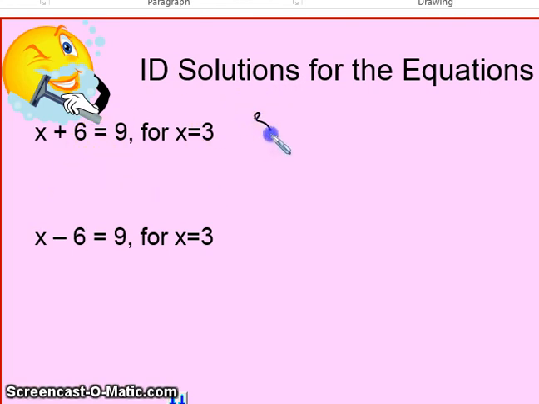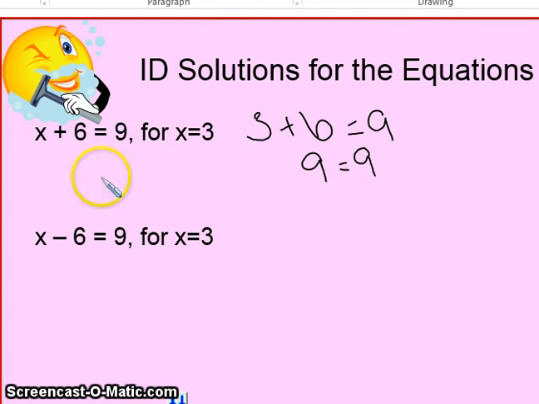That will give me, instead of x, 3 plus 6 equals 9. Now 3 plus 6 I know is 9. So now my statement is 9 equals 9. And since this is a true statement, then x equals 3 is a solution. I'm going to abbreviate solution SOLN.